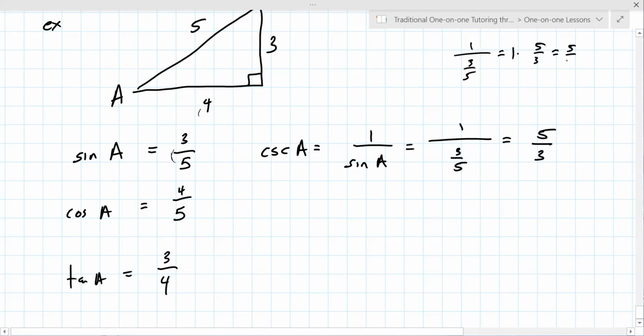That's why it becomes 5/3. Secant A is 1 over cosine A. What is cosine A? 4/5, so secant is 5/4 because you flip it.